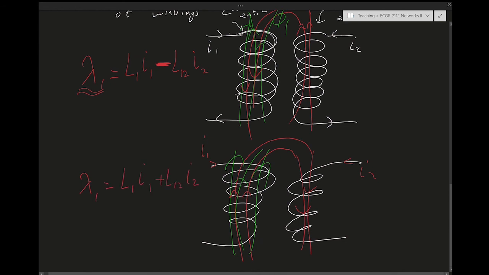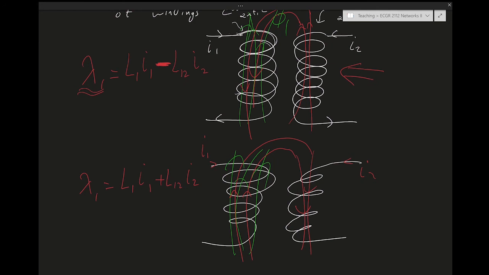This is what I mean when I say that the sign here is going to depend on the configuration, because depending on the configuration, the fluxes are either additive, so the flux due to L1 is going to be added to the flux due to L2, similar to this configuration, or subtractive, similar to this configuration.